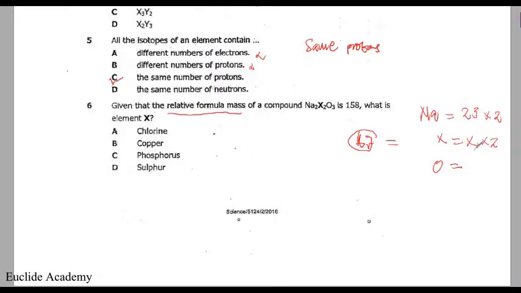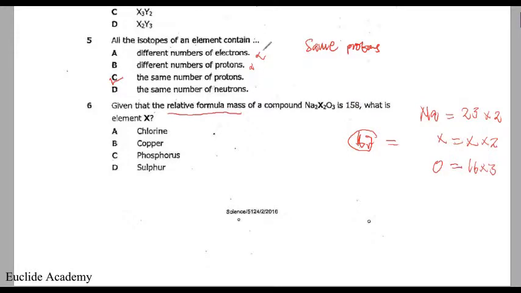How many do we have? We have 3 of them, so times 3. So we say this is 23 times 2, plus 16 times 3, plus 2X, and they should give us 158, because that's the relative formula mass of this ionic compound.